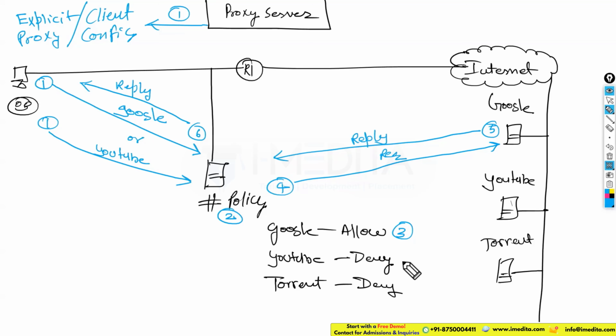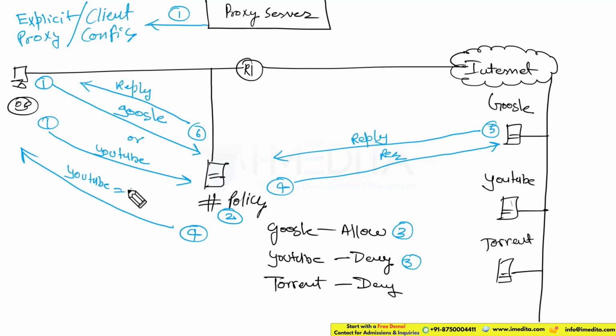Proxy will check policy. YouTube is denied. In the fourth step, proxy will say to the client, YouTube is deny. So the client can't access YouTube and torrent.